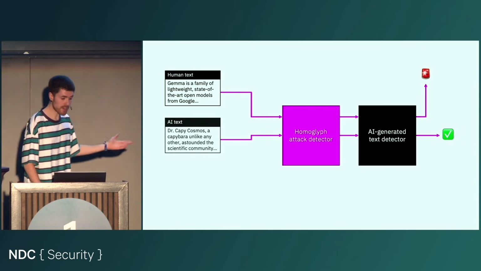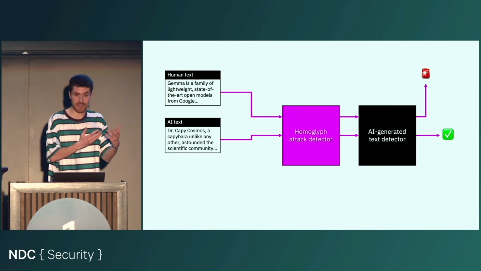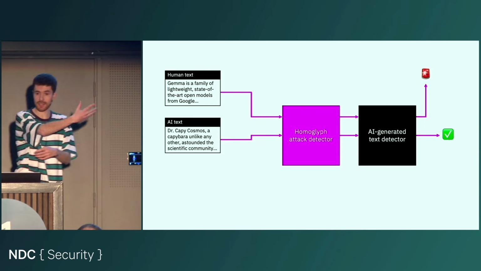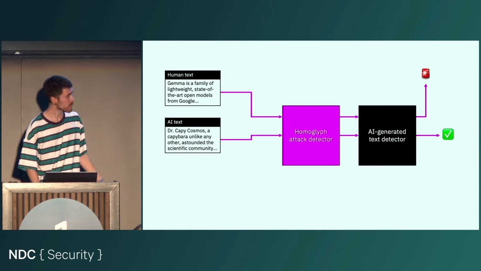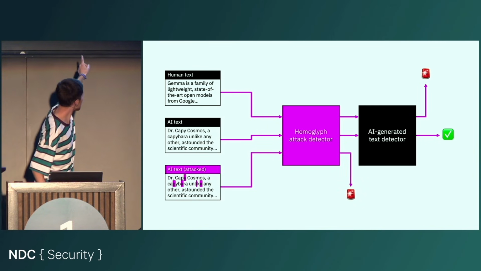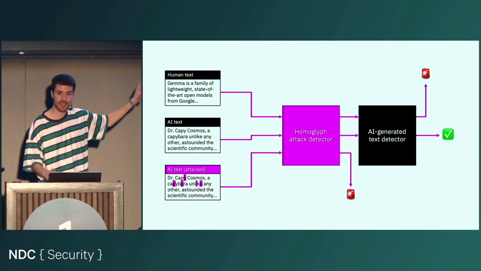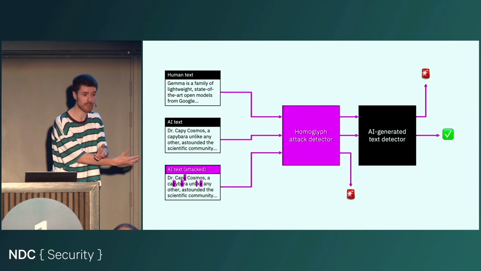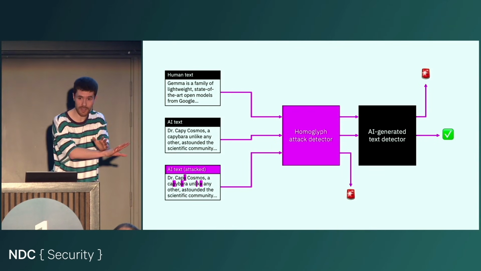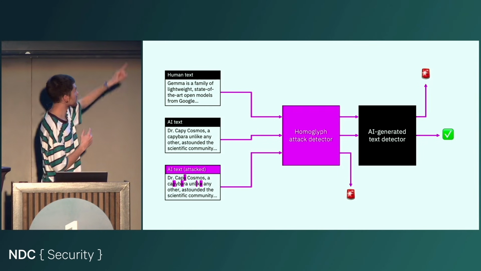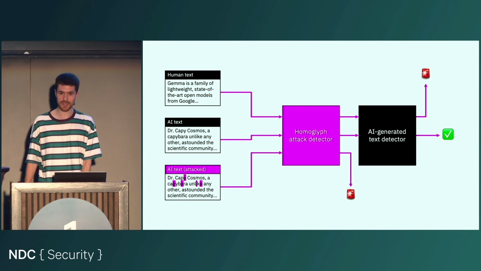If we now have an AI-generated text, we repeat the same thing, and we will see that this text has been generated by an AI. The different case is if we have an attack text, we can't really give this text to the detector because we know it's going to fail, right? We know it's not accurate, so we need to detect this beforehand. That's the role of the homoglyph attack detector.